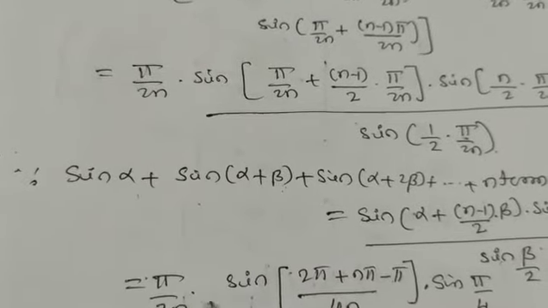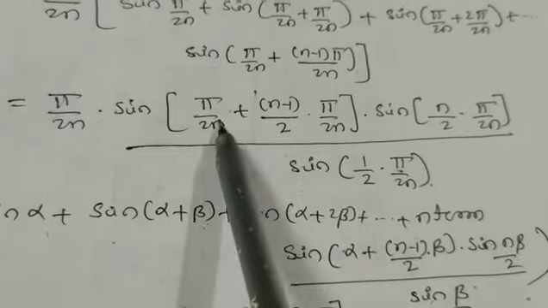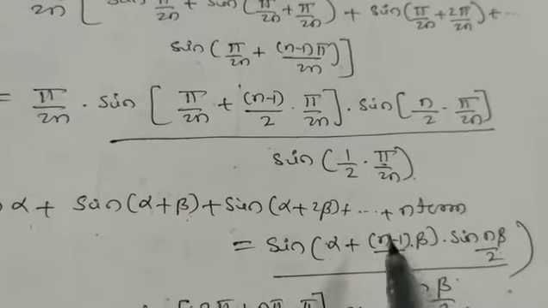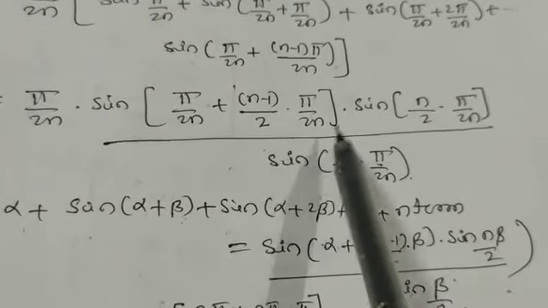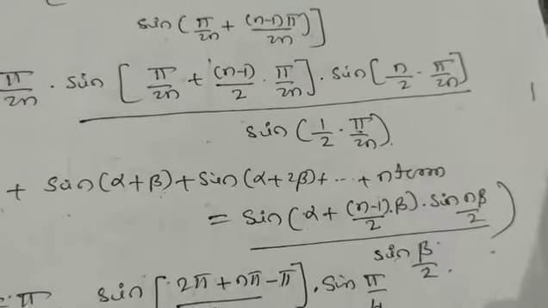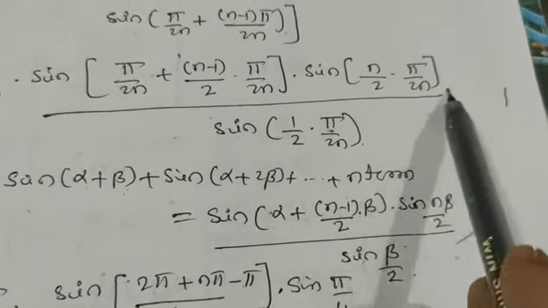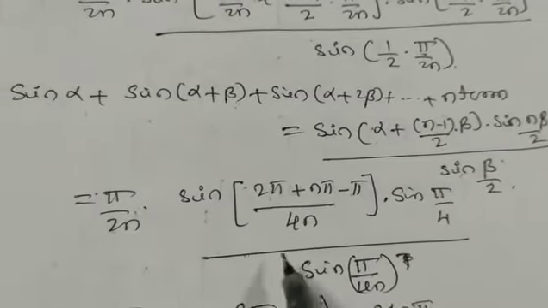Pi by 2n into sin of alpha, which is pi by 2n, plus (n minus 1) by 2 into beta, which is also pi by 2n, into sin of n beta by 2, that is n by 2 into beta, which is pi by 2n. So let us simplify this.